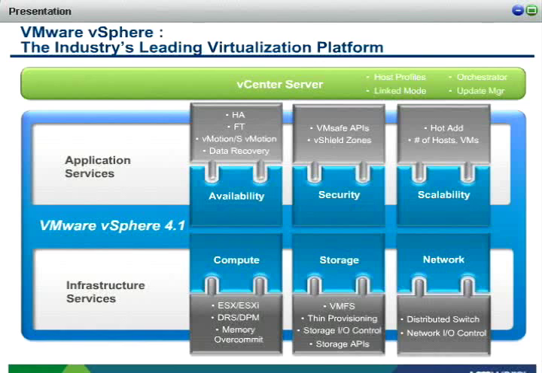And then as we go through security and scale, we also have deep ties through APIs as well as other technologies like our vShield line, which you can see more details on in another module that we have, but also the ability to scale out significantly. So the virtualization platform is able to grow along with the business as required by the needs of that particular business.